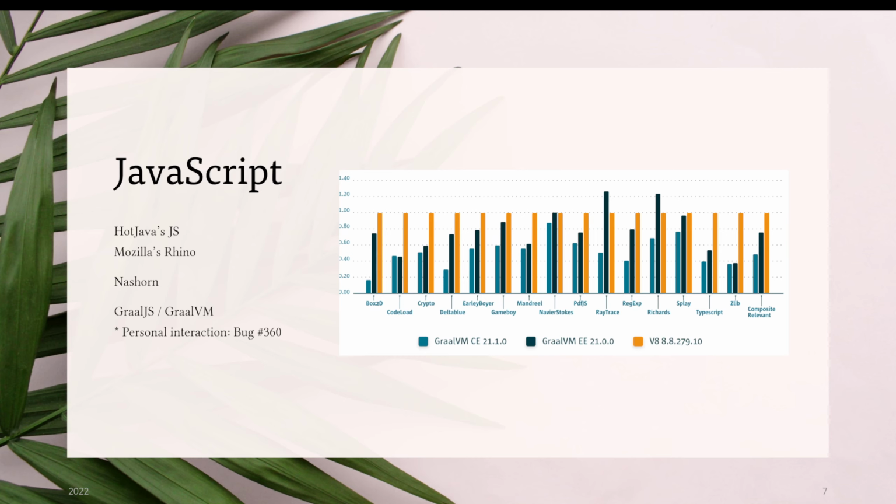So it's the best case for V8, but on the other hand, it really gives a very good performance profile. And I also have a personal interaction with GraalVM and GraalJS.